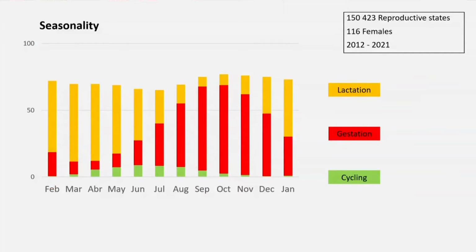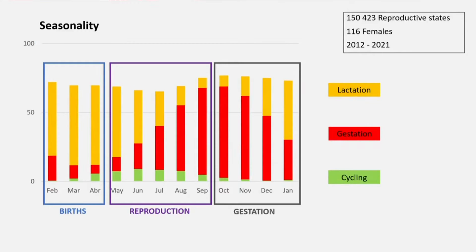Regarding the cycle of females, we gathered more than 150,000 reproductive states in 116 different females. In this graph, you can see the percentage of females that are cycling in green, of females that are pregnant in red, and females that are lactating in yellow. As we can see, we also can find in our population the seasonality of reproduction that has been described in mandrills.